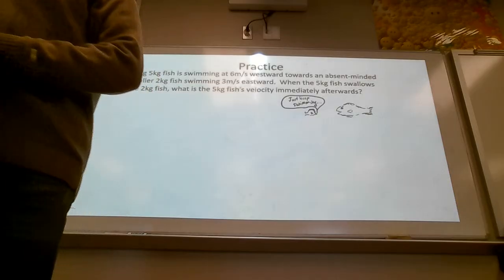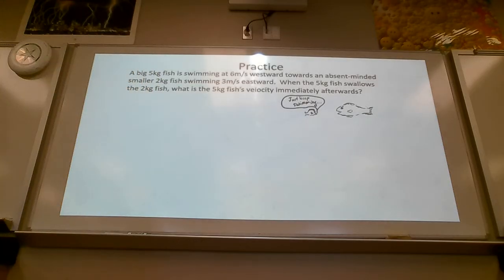Step one, pick our objects, our system: big fish, small fish. Step two, pick the direction it's moving to be positive. If I were in your shoes, I would say westward to be positive because that's the way I think things are going to be going. However, I'm going to choose eastward to be positive just to teach you something.